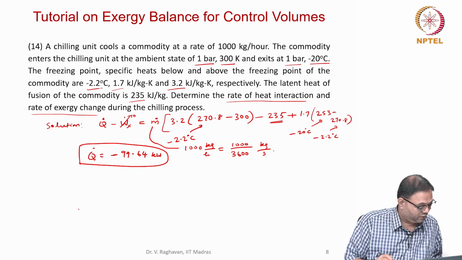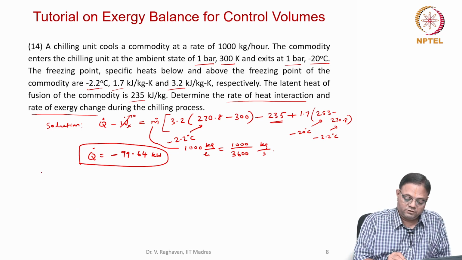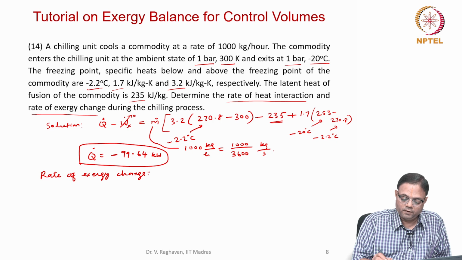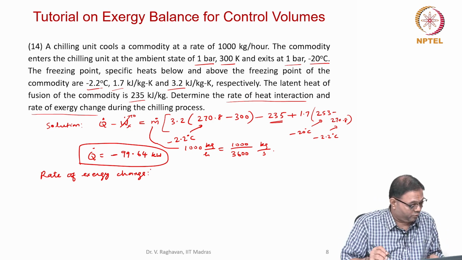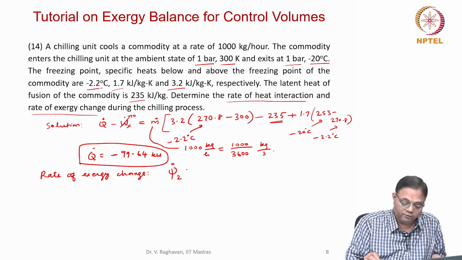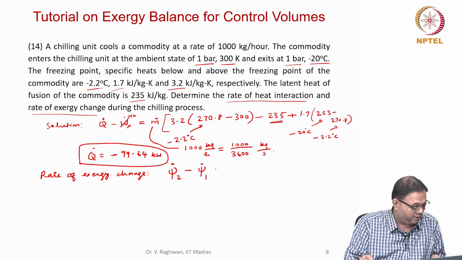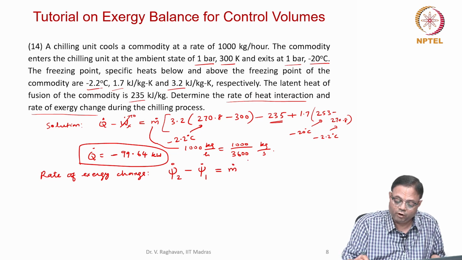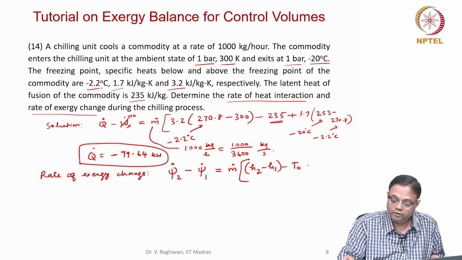So, now the second one is the rate of exergy change. Here we have to find the rate of exergy change, that is the final state exergy minus the initial state exergy, the rate, which is written as m dot into h2 minus h1 minus T naught times s2 minus s1.